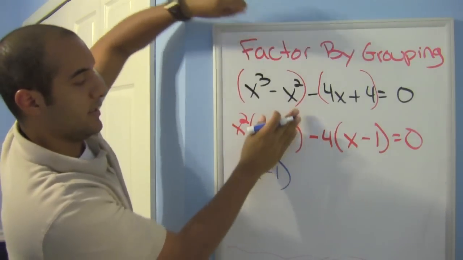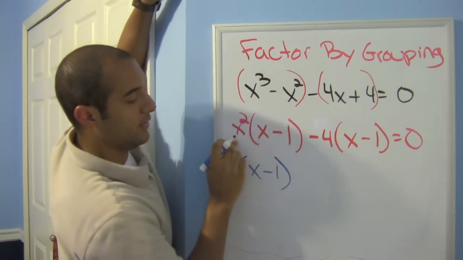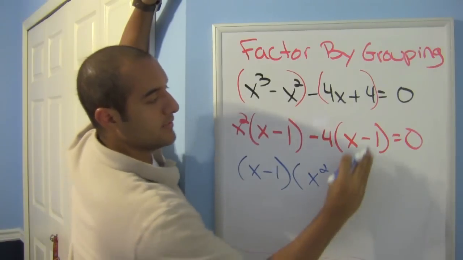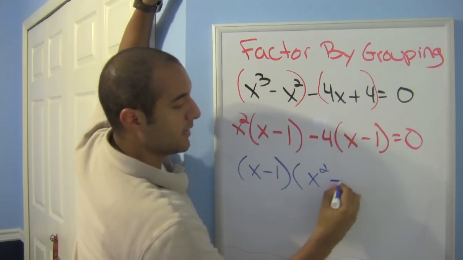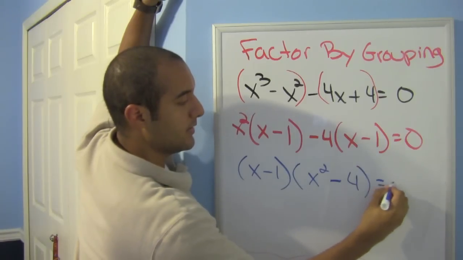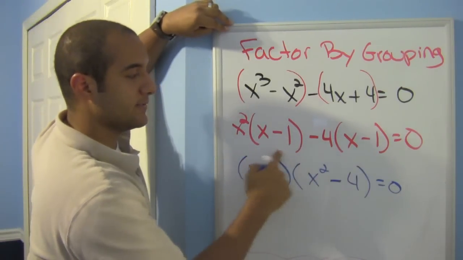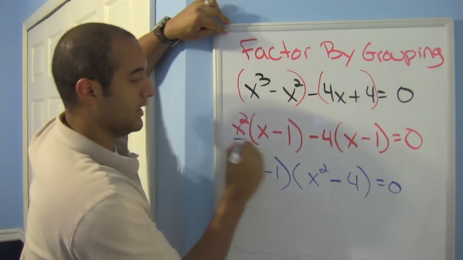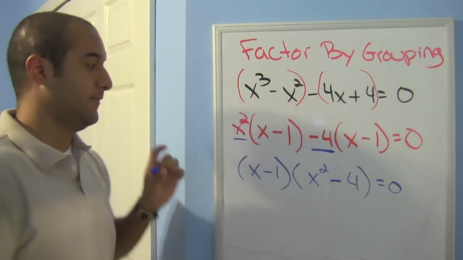Now pretend that this is not here anymore, and all I have is x squared. And this is not here anymore because you took it out, so I have minus 4. You should see where I get the x minus 1 from. My other part I got from here and here, whatever was left over from the outside.